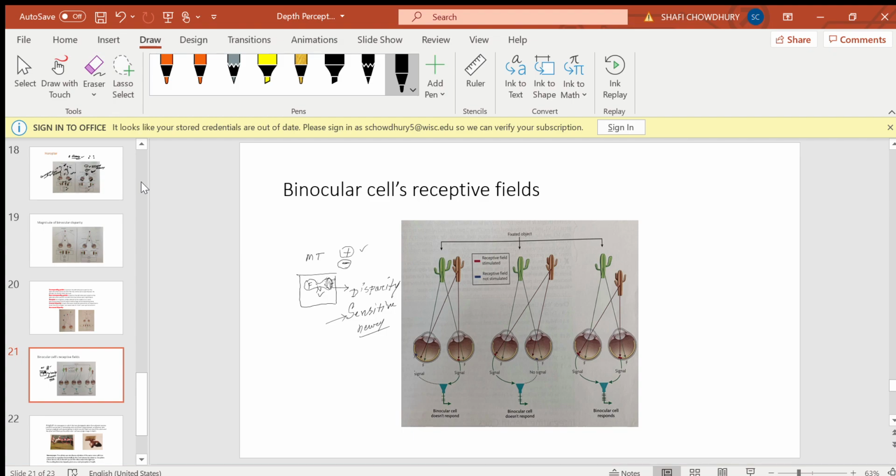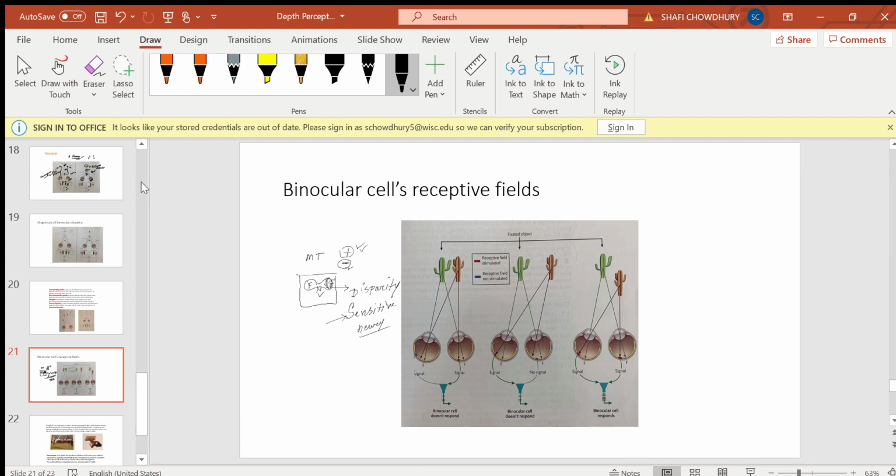We know already that some neurons are sensitive to far, that means positive disparity. Some neurons are sensitive to near, that means negative disparity. However, the positive could be many different distances, right? Far could be near or far. Near could be near or far.